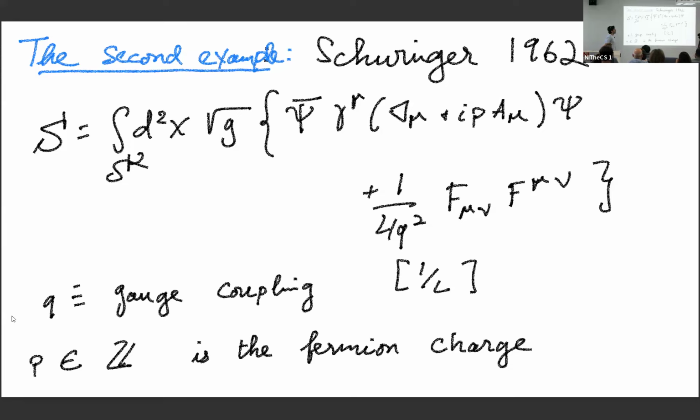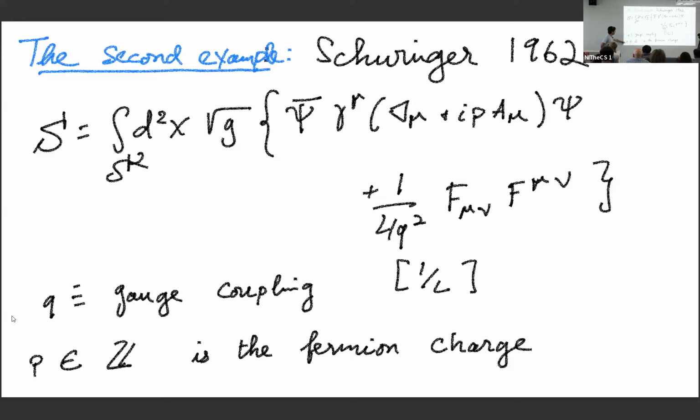The model I'm going to study was proposed by Schwinger in 1962, and it's a very simple model. It's the model of a Dirac fermion in 1+1 dimensions coupled to electromagnetism. So you have a charged Dirac fermion coupled to electromagnetism. The number Q is my coupling strength for the E&M field, the gauge coupling.